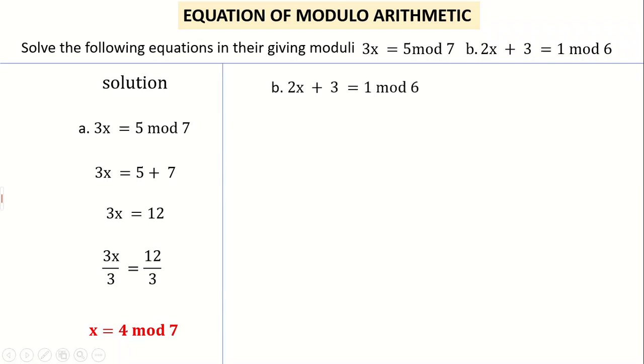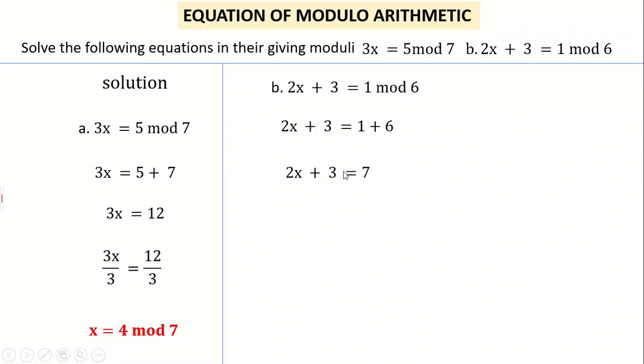Again, the second question says 2x plus 3 equals 1 mod 6. Let's take a look at the function of this 3. The same process: you can add 1 plus 6, that will give us 7.